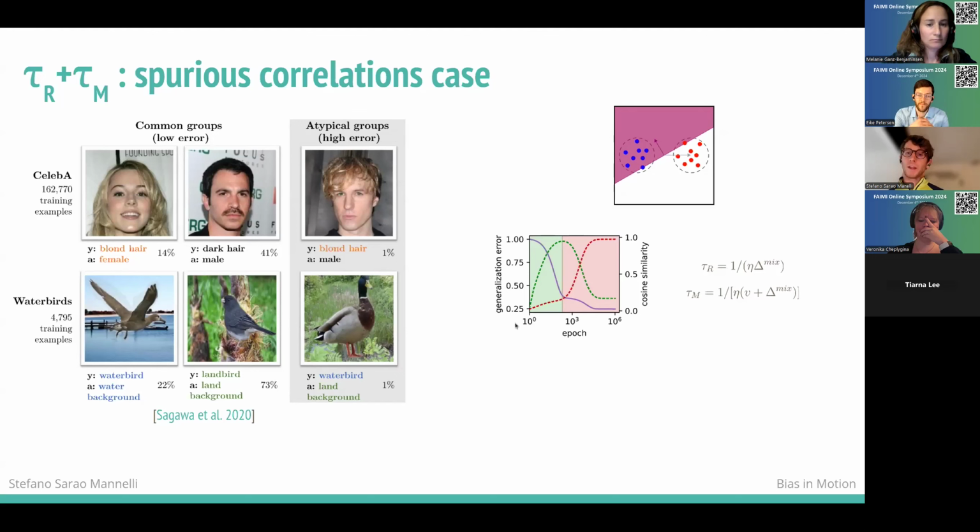Instead, if I wait long enough, the alignment with the decision boundary will increase, but that of course requires more computational power and more data in this data set. So spurious features are faster to learn, but asymptotically disappear, and our model is able to capture this phenomenon.